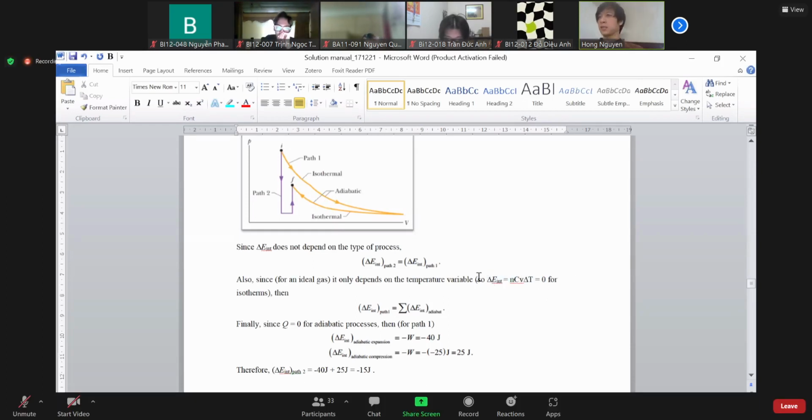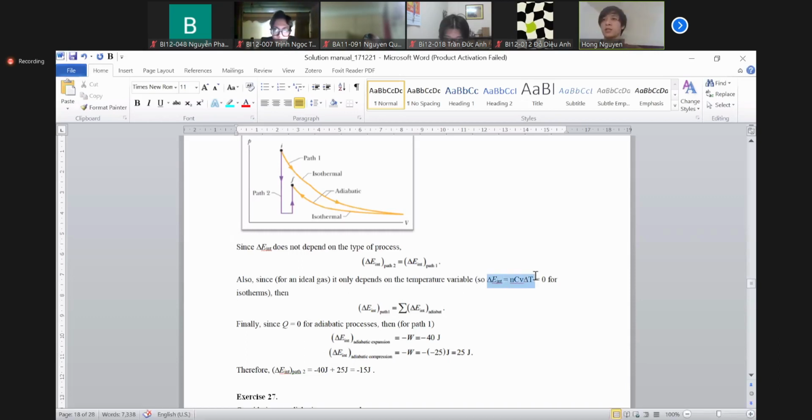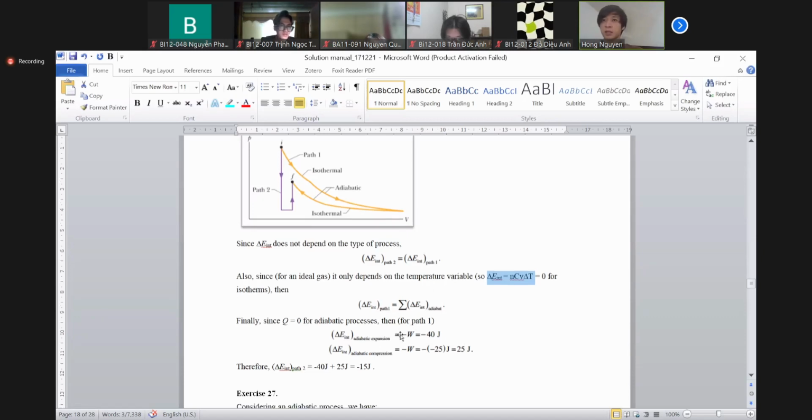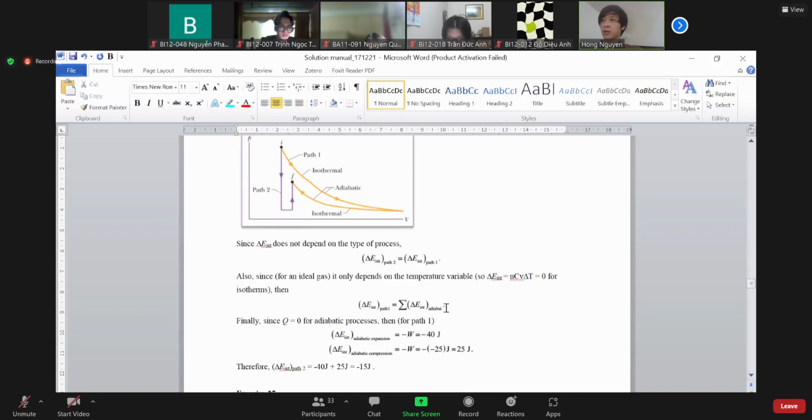We have the change in internal energy equals 0, because we can measure the change in internal energy using nCv delta T. And since delta T equals 0, delta E also is 0. Then the change in internal energy of the whole path is only the sum of the change in internal energy of the two adiabatic processes. Is it okay until here?